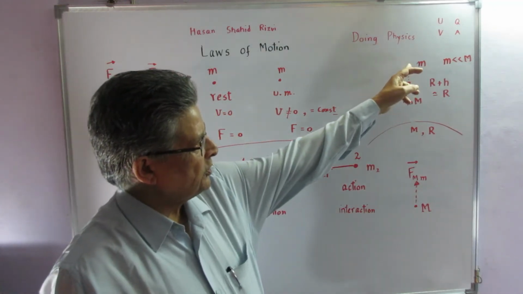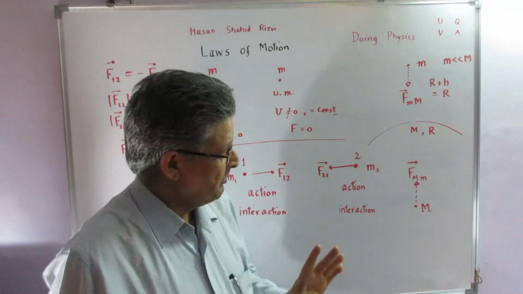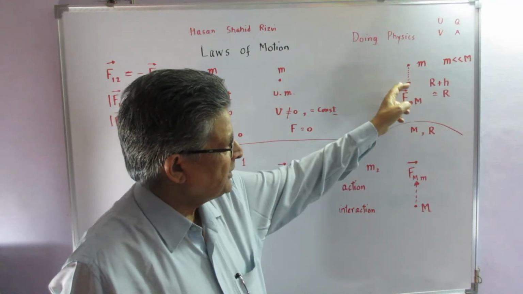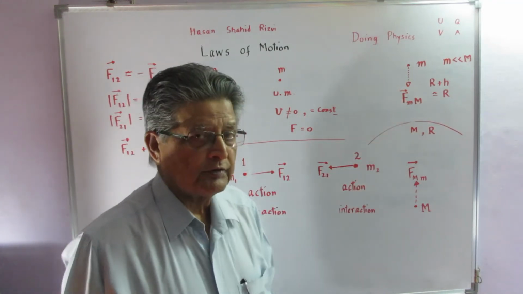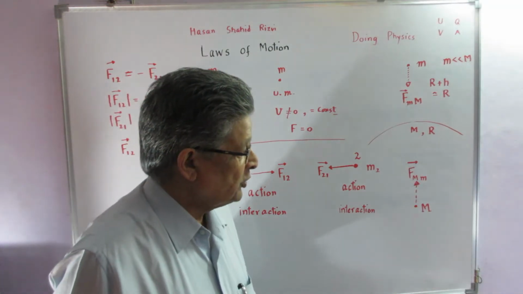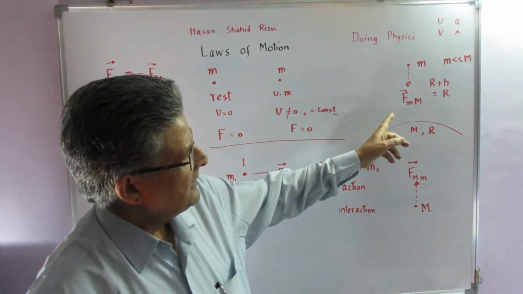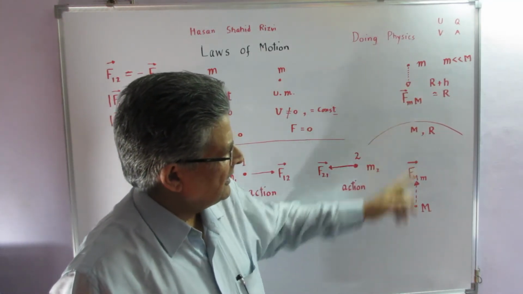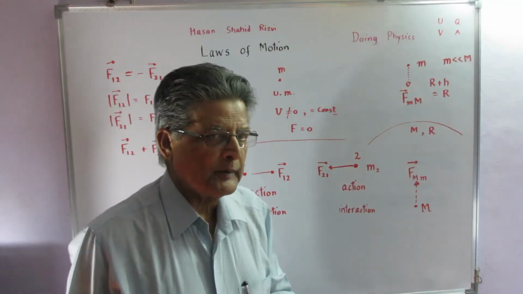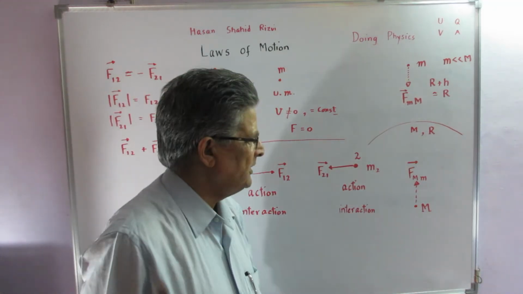So another one of you is going to ask me that this body during the fall is gaining velocity. Because of the acceleration due to gravity, this body is continually changing its velocity and falling on the earth. So how do you explain that? I'll say, yes, my dear. When this body is falling here, whatever its velocity, it will have a momentum associated with it, which is small m into small v.